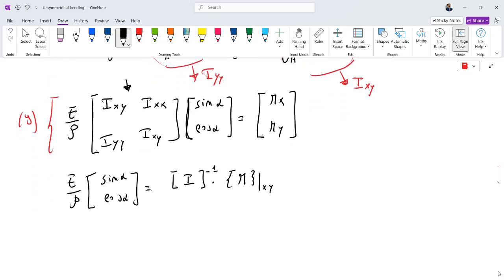If you invert this matrix, you must first of all calculate its determinant, and this determinant must not be equal to 0.